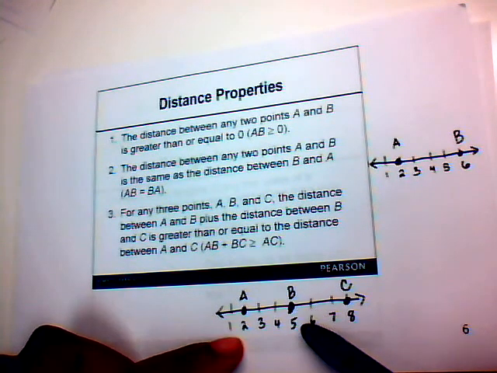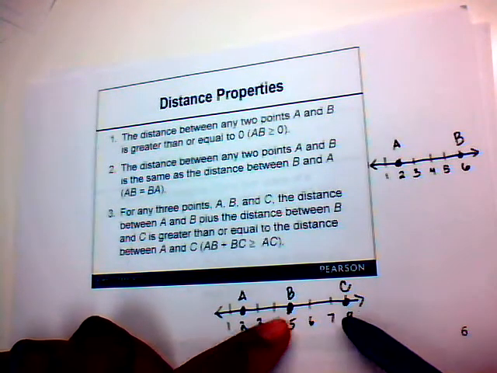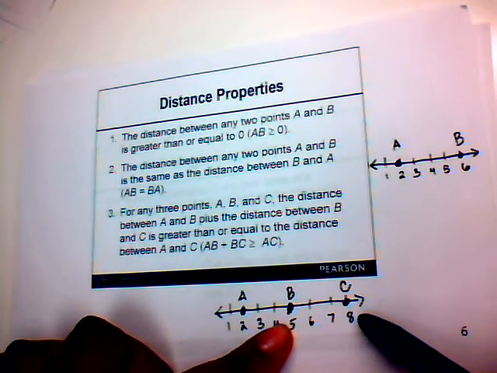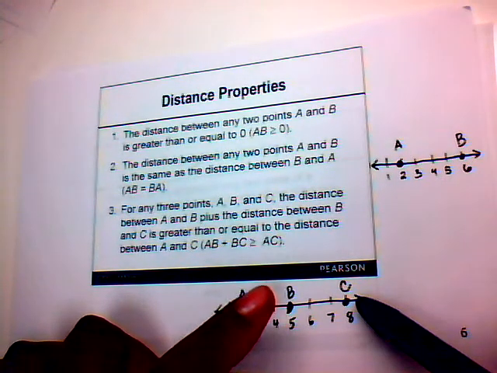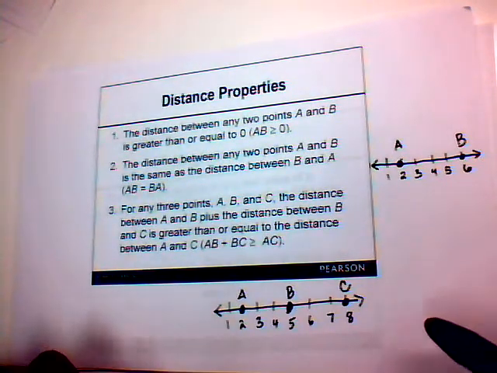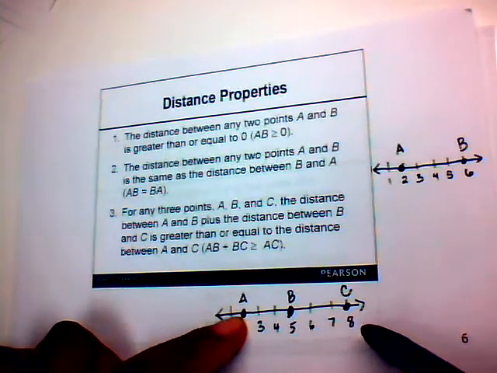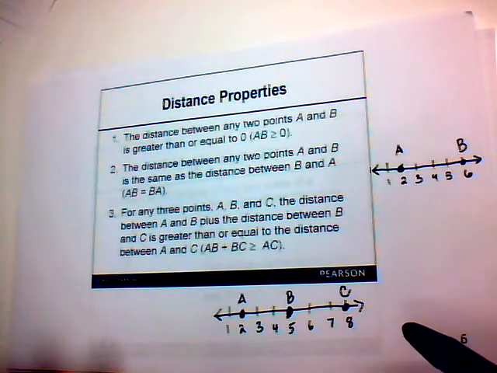A is at 2, B is at 5. That distance is 3. And then B is 5 and C is at 8, so the distance from B to C is also 3. Add 3 and 3 is 6. And notice that the distance from A to C, 2 to 8, is 6.